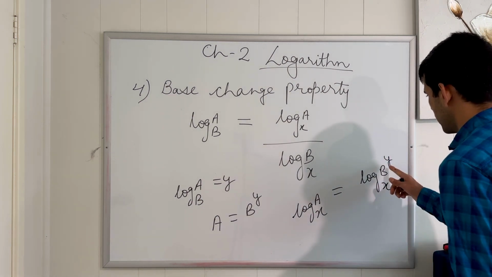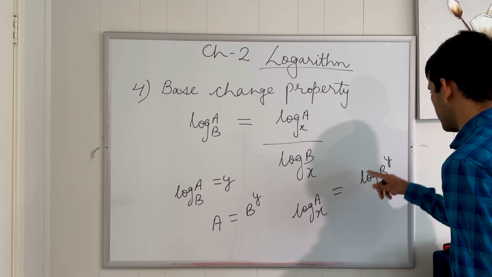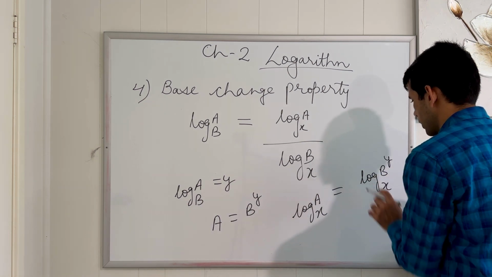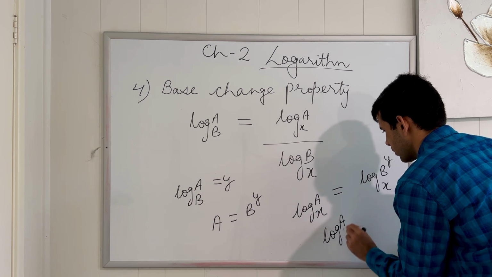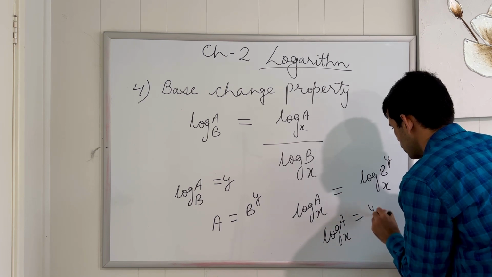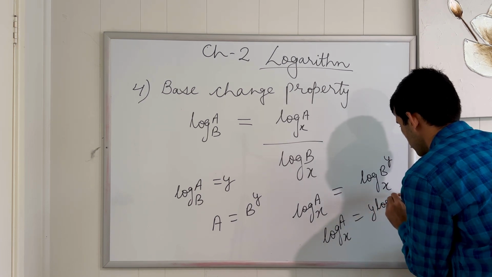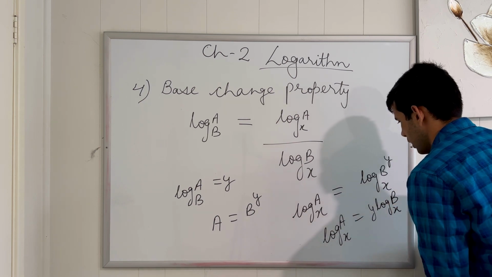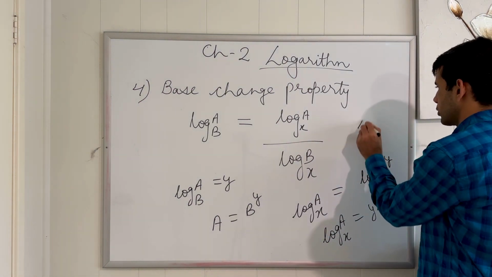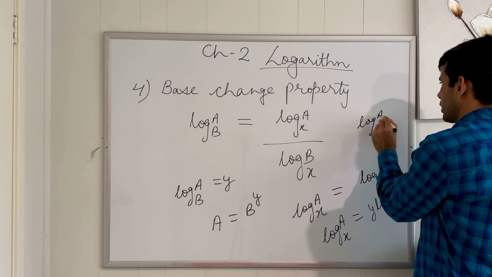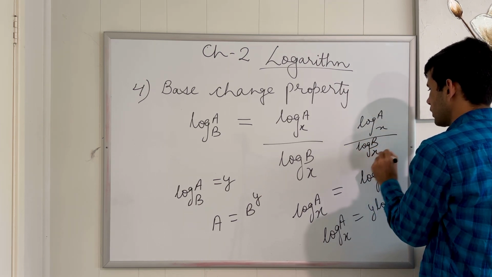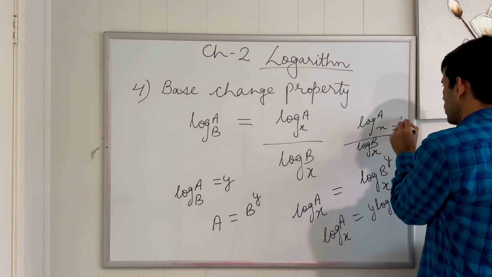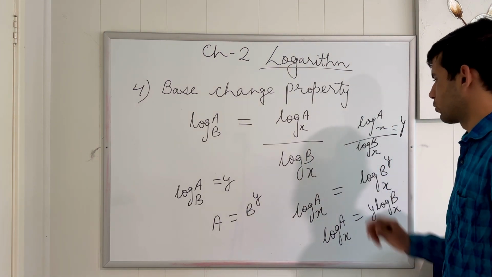And you know that this y can be brought on the front, right? This power gets multiplied. So log a base x is equal to y log b base x. And now if you solve this, you get log a base x divided by log b base x is equal to y, which is our proof.